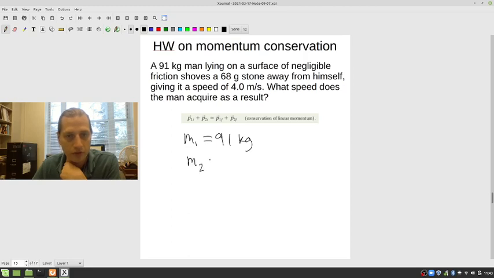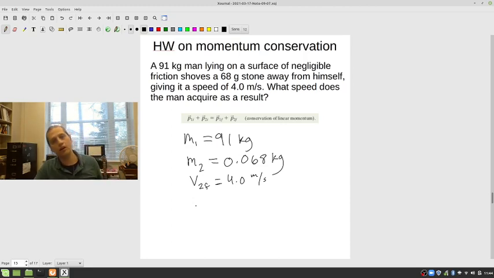So M2 equals 0.068 kilograms, giving it a speed of 4 meters per second. So V2 final is going to be equal to 4.0 meters per second.